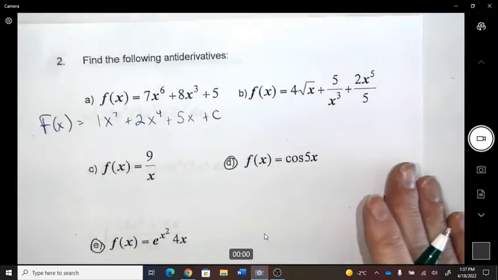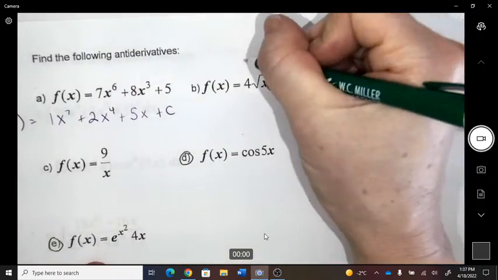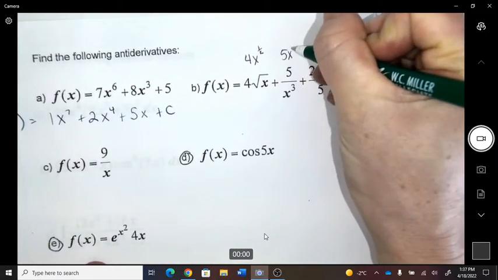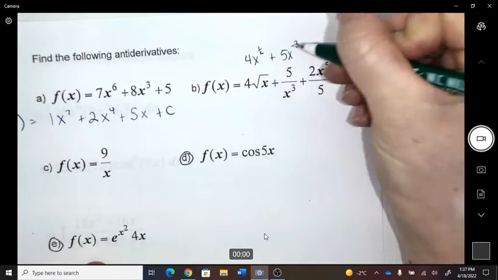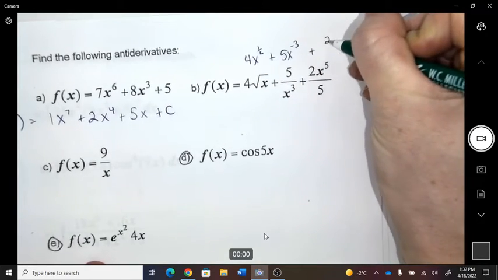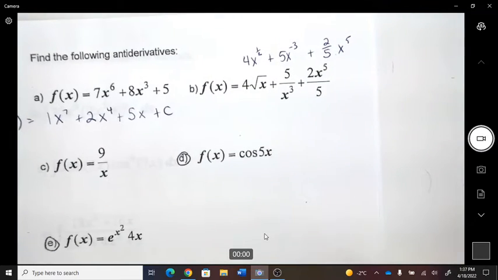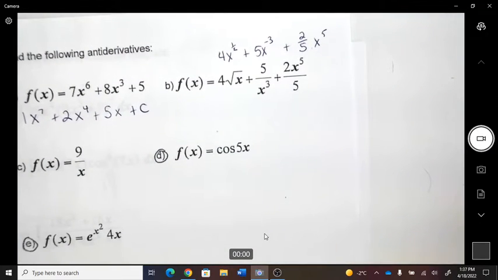Okay, before I do this next one, I'm going to rewrite. Okay, so I rewrote them all. I didn't really like how they looked.